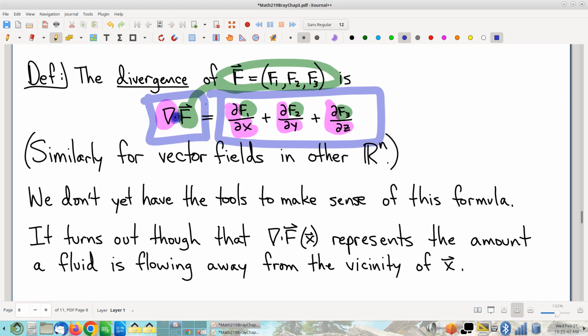So it turns out that this expression that results from doing a dot of a del operator with a vector field is actually something that's really interesting, really important, not just mathematically, but also in physics and engineering. And this is really one of the big ideas.